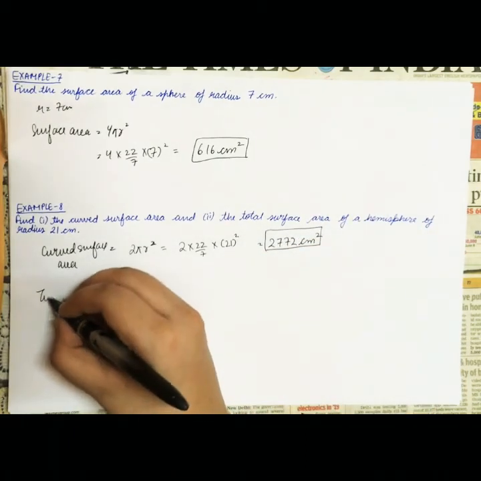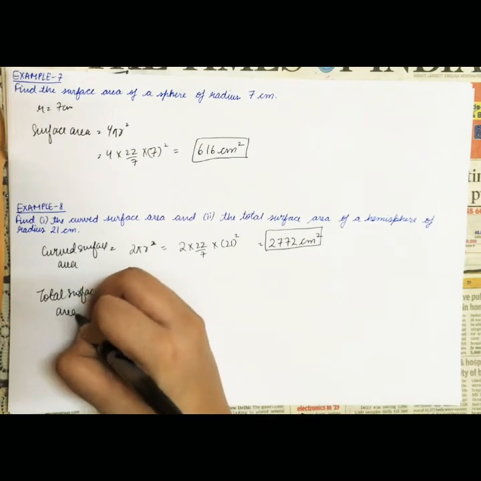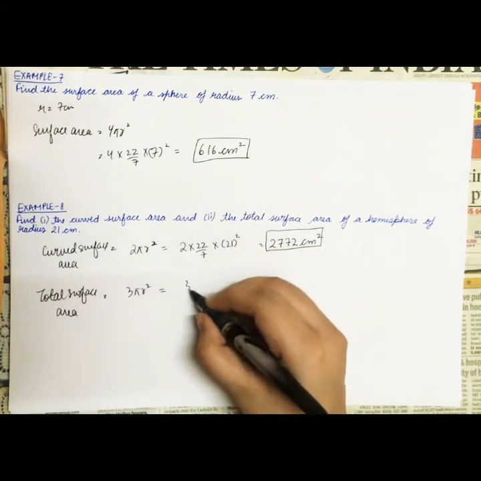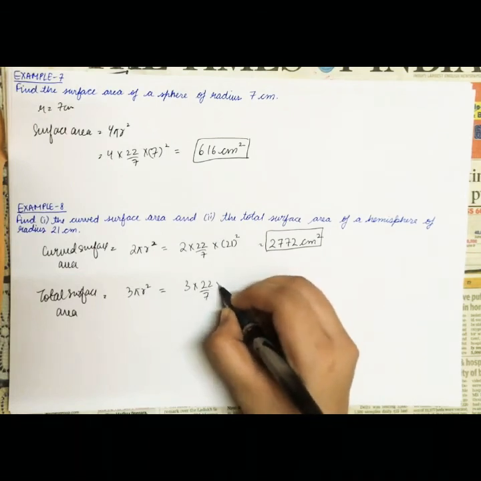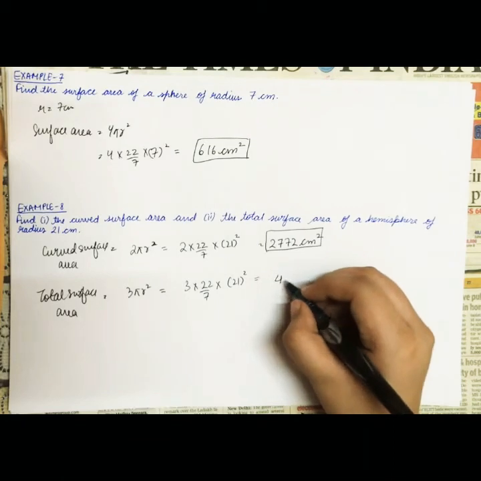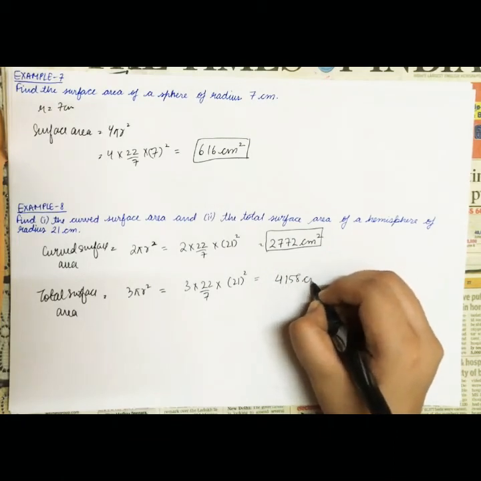Similarly, total surface area is equal to 3 pi r square. We'll put the values, that are 3 into 22 by 7 into 21 square, which is equal to 4158 centimeter square.